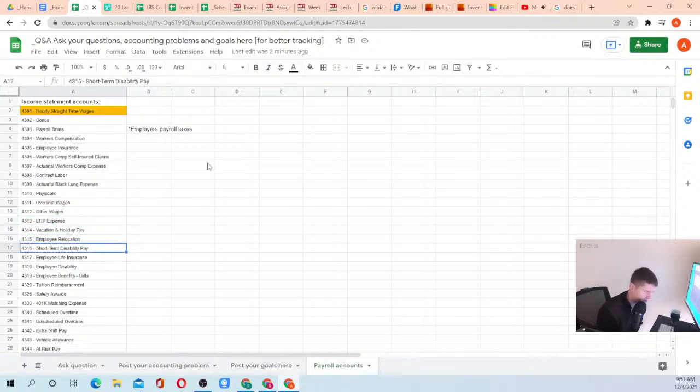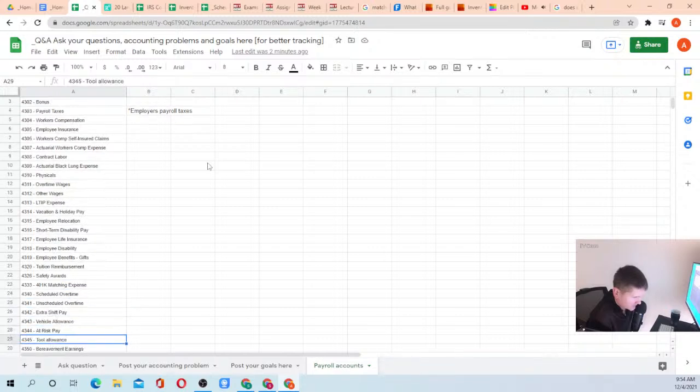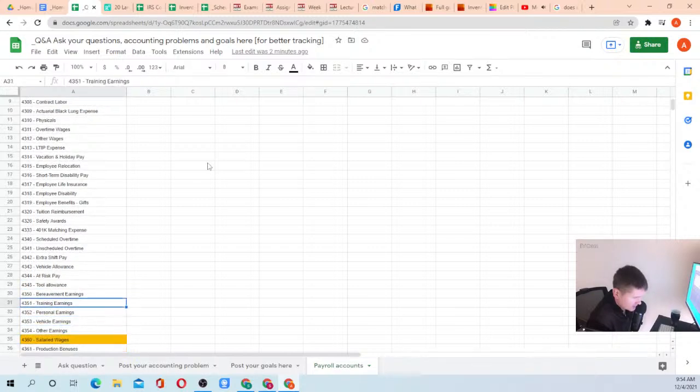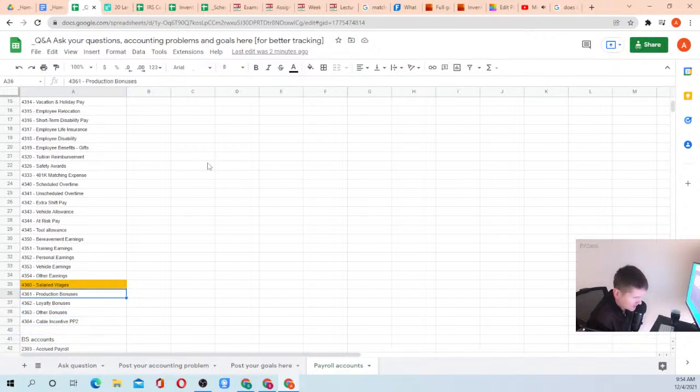Employee relocation. You might also have some expenses here for some discretionary items. Disability, gifts, 401k matching here, scheduled, unscheduled overtime, extra shift pay, vehicle allowance, tool allowance, training, personal earnings, a lot of stuff, production bonuses.